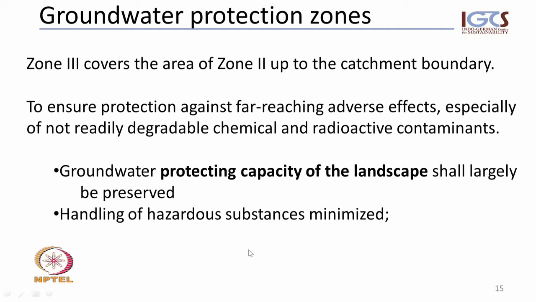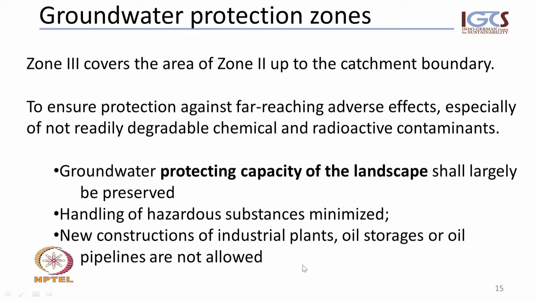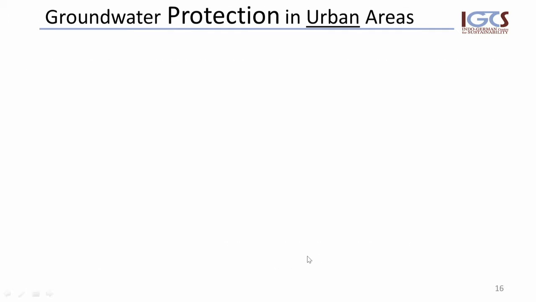So hazardous substances shall be handled with great care or minimized. There should not be any new construction of industrial plants, oil storages or oil pipelines allowed within this zone. So there are several restrictions which may interfere with other human activities. So it's a question of priorities in this case again.